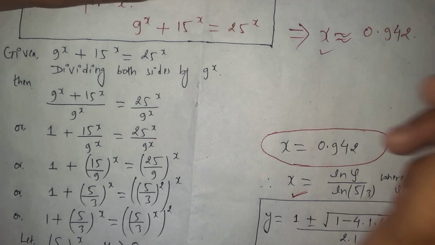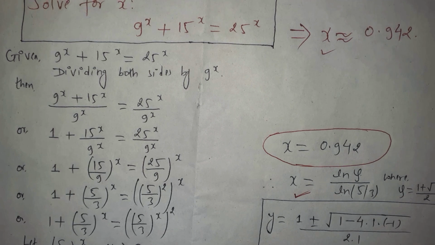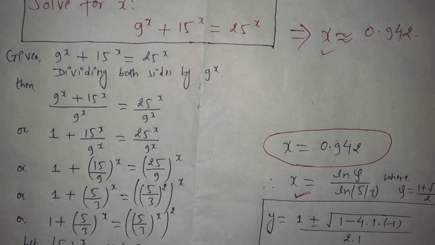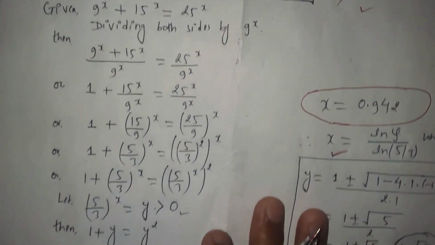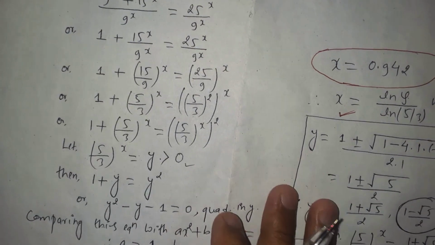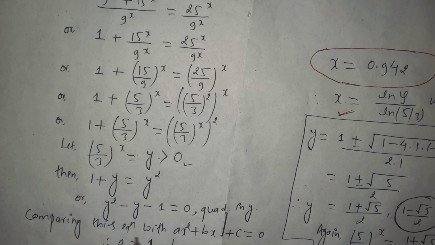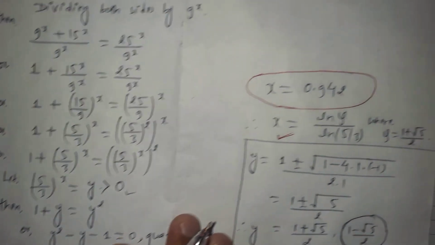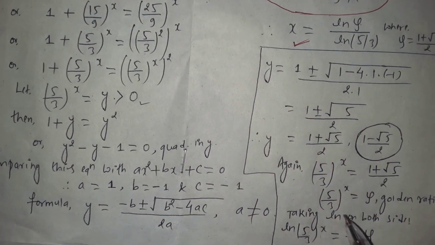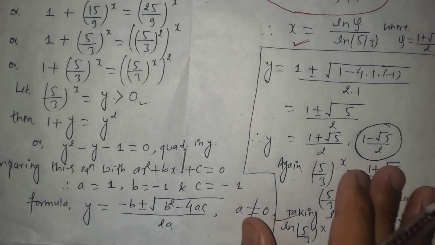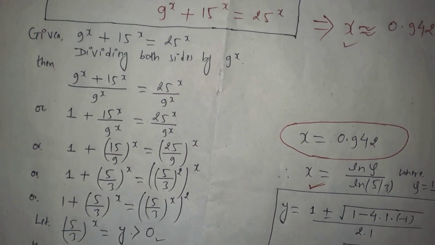It is an approximate solution for this exponential equation. In this step we used the concept of quadratic equations, and also a little bit of the concept of the logarithm, and then we finally solved this particular question.